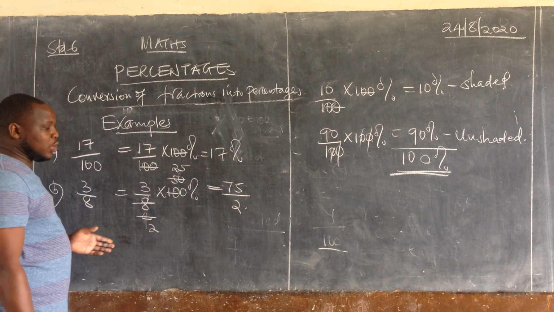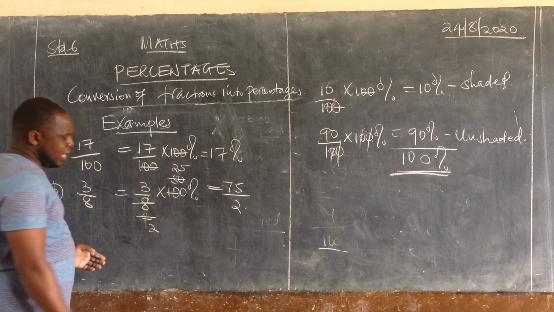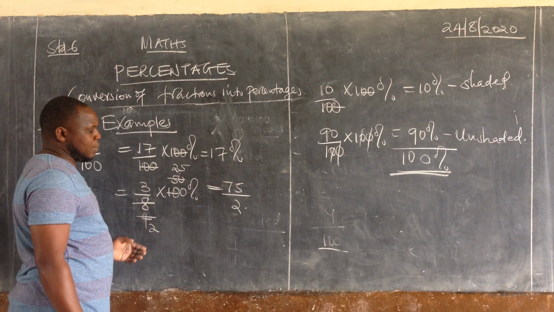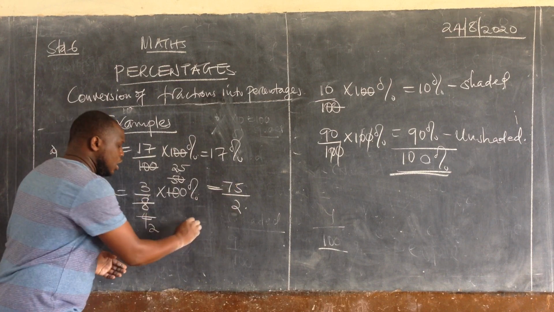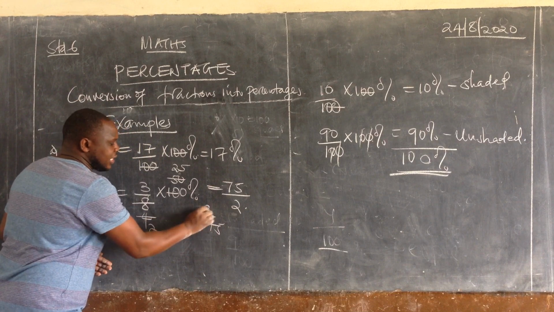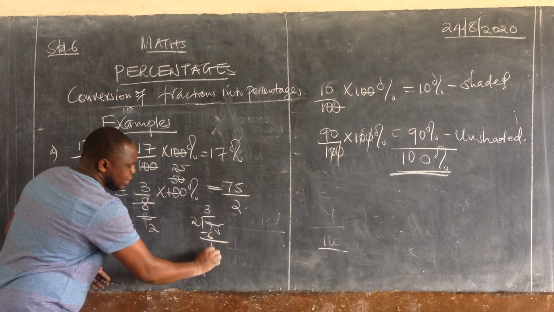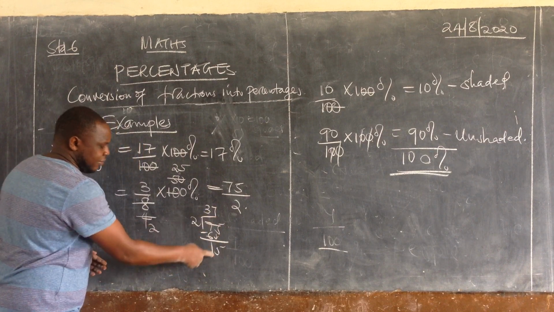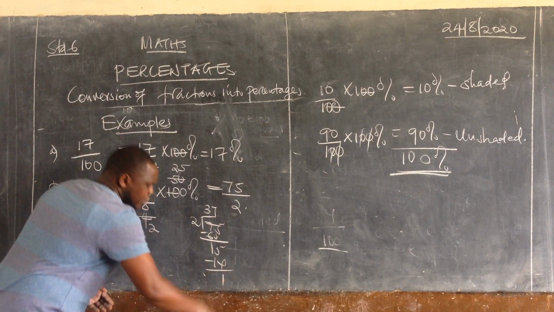Learner, you can simplify further, because we have a smaller denominator and a bigger numerator. So you simplify. 2 gets into 7 3 times, you get 6. You subtract from 7, you get 1, you drop your 5. 2 times 7 is 14. You remain with 1.